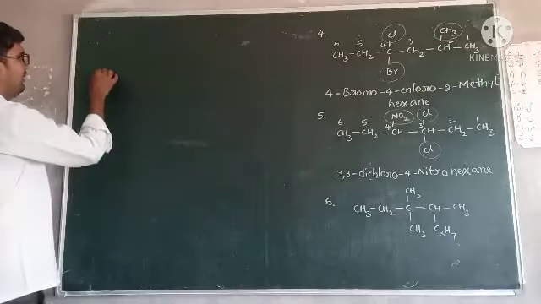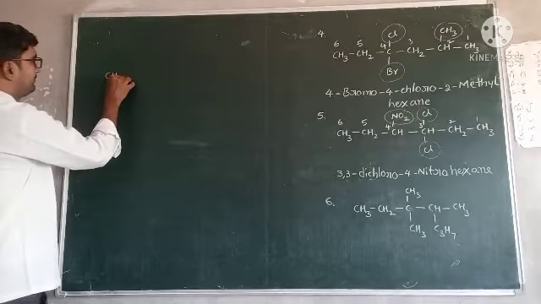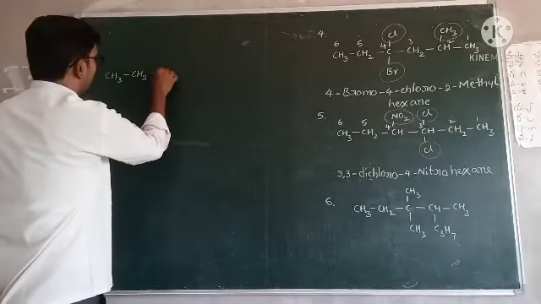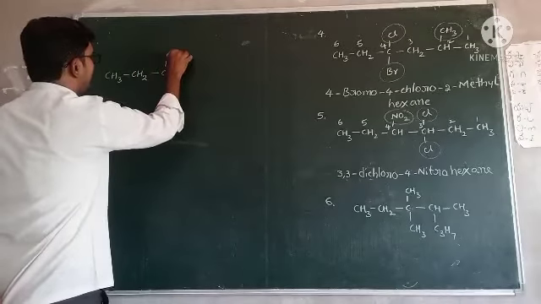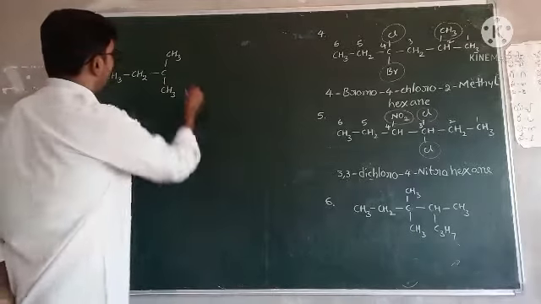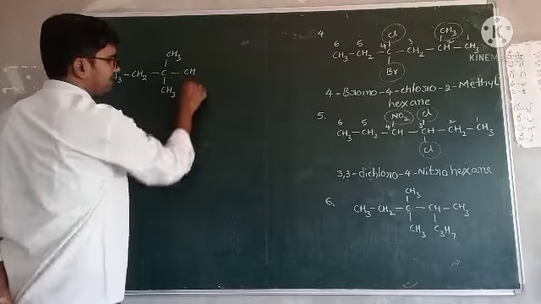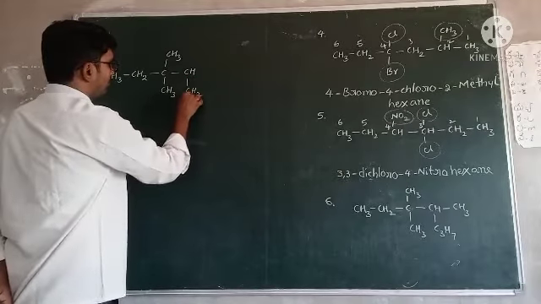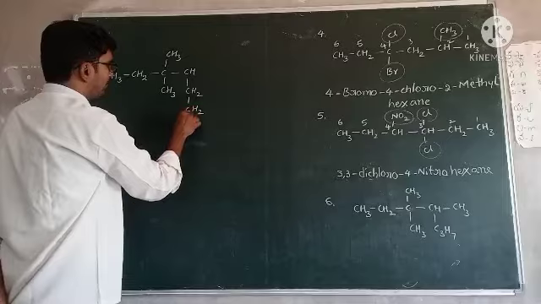See all of you carefully. CH3, CH2, CH3, CH3. Okay. Next, C3H7 means CH2, CH2, CH3.